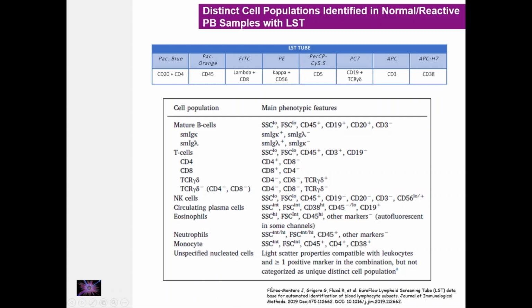For all the details regarding this first part, I would like to call your attention to this paper which was published in Journal of Immunological Methods by the EuroFlow groups. 5 different centers are represented and made this evaluation of the LST database.